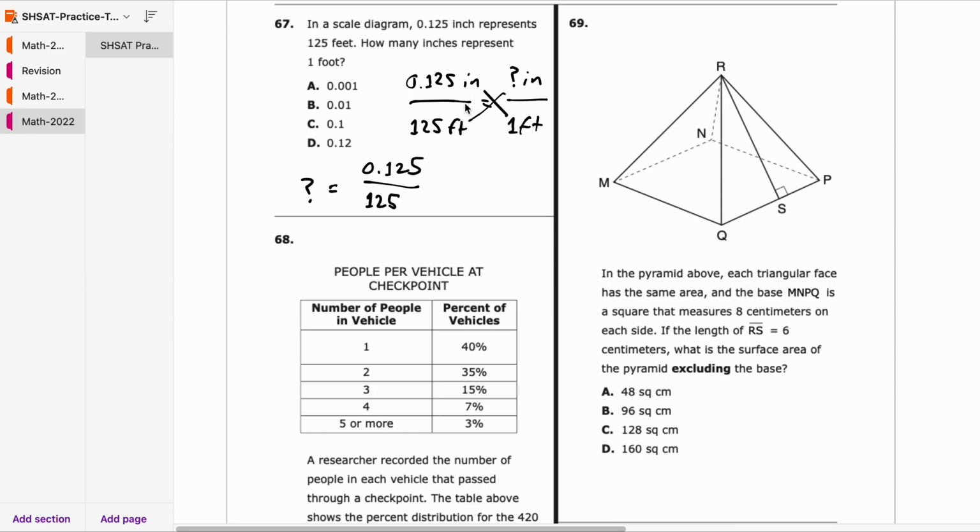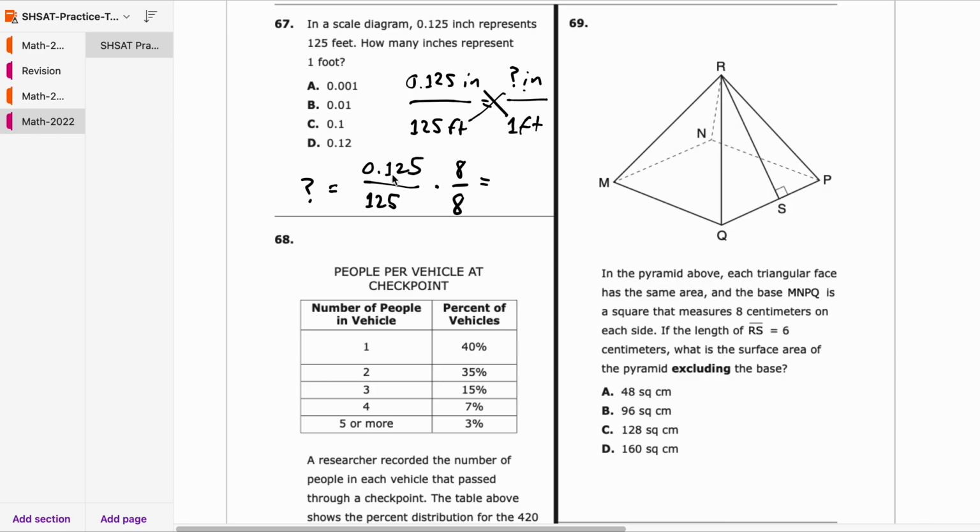Oh, and just so you know, the units are going to work out to inches, right, because we're solving for that question mark. So anyway, we have 0.125 divided by 125. So basically, we can multiply both sides by 8 in this case, right?